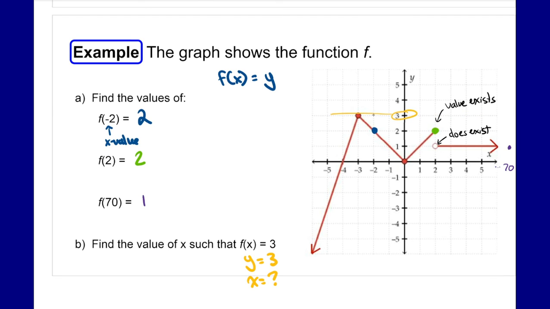Well, looking at it, I can see that there is 1 point at y equals 3. In this case, our x value then is -3. So we could write f at -3 is equal to 3. So this function equals 3 when the x value is -3, which we see from our graph.